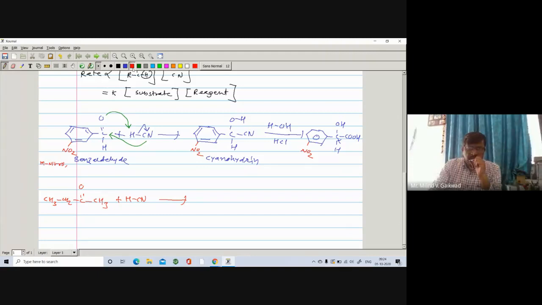Here you know that oxygen is more electronegative, so it opens to O negative, C positive.